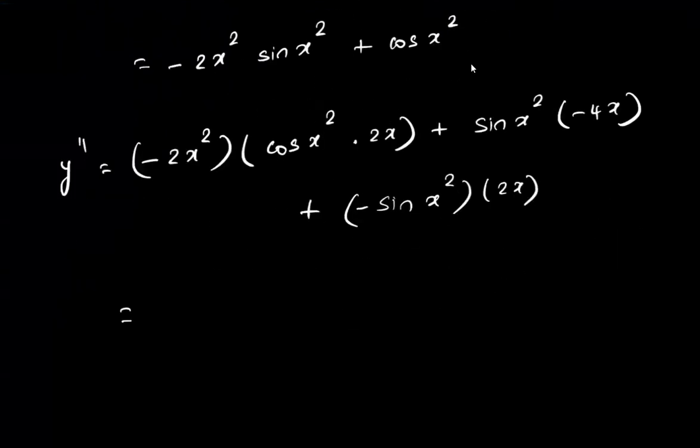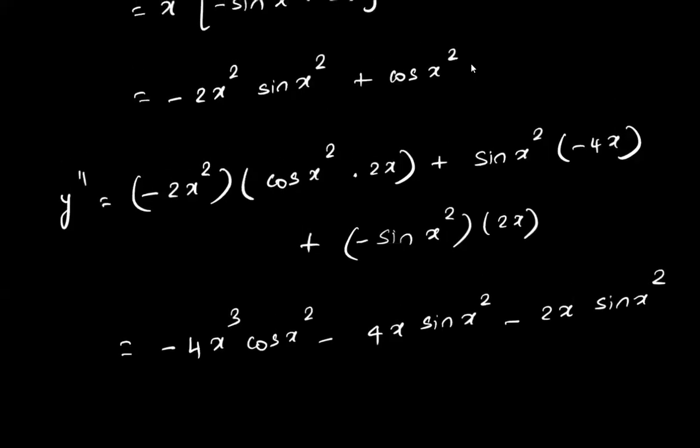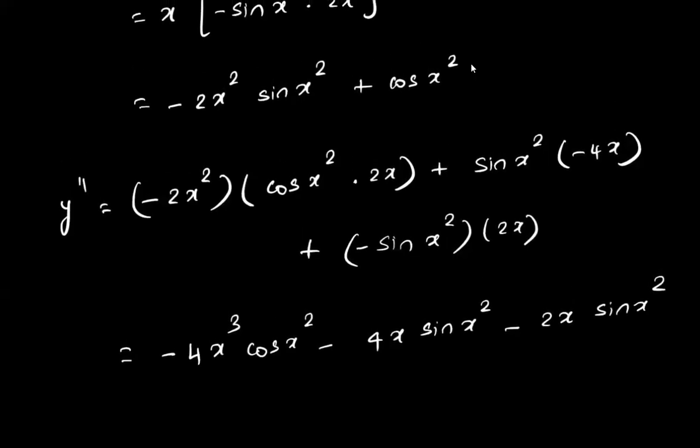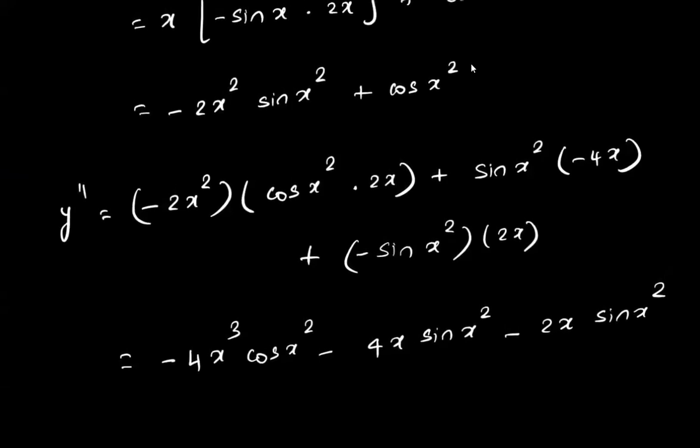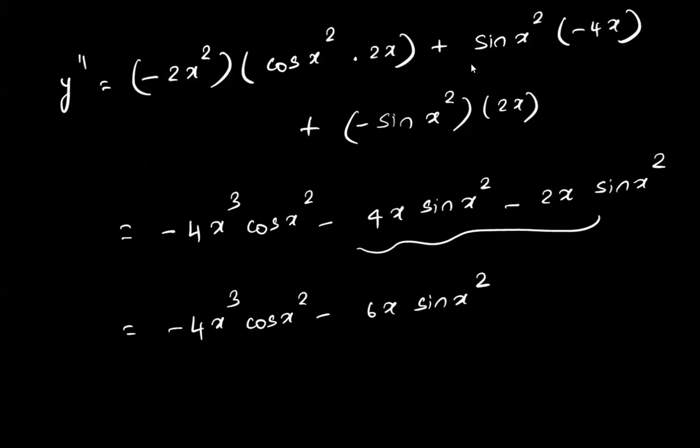So if you do all of this, you're going to have negative 4x cubed cosine x squared minus 4x sine x squared minus 2x sine x squared. Okay, so am I right? Okay, so these two can be combined and written as negative 4x cubed cosine x squared minus 6x sine x squared as your final answer.